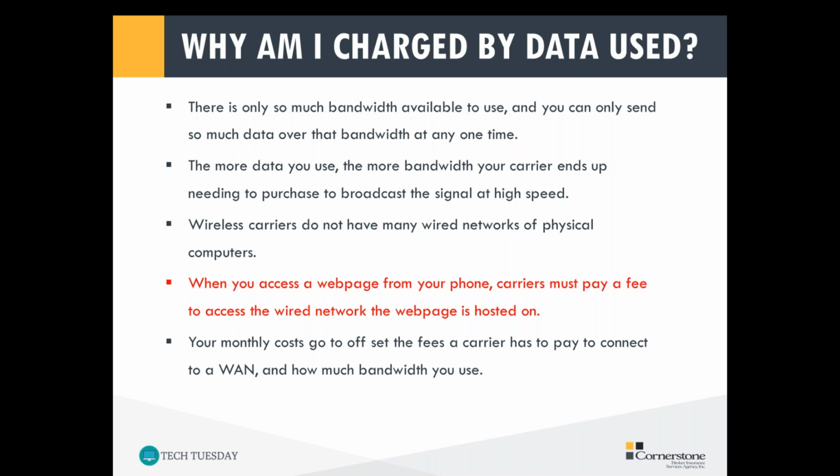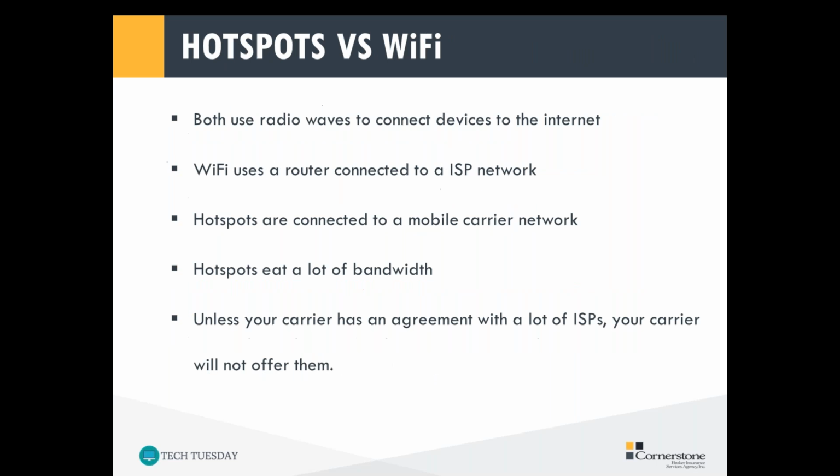I know that sounds like a lot of jargon, but it can be basically summarized like this: the more internet you use, the more it costs a wireless carrier, whereas a wired connection doesn't really cost them anything. So that's why you have to pay per data used, not by wired rate.